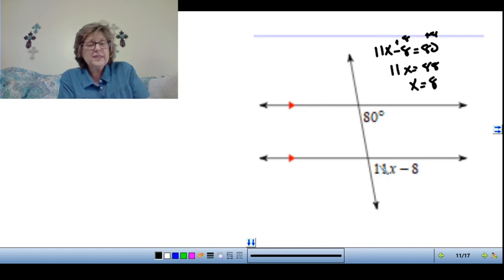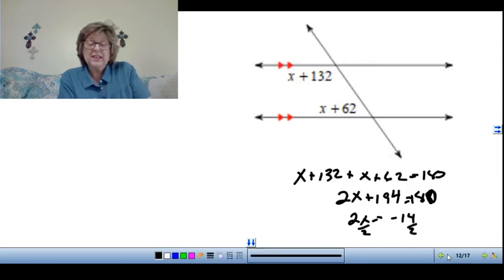Well, a number less than 90 plus a number less than 90 can never add up to 180. So I'll never add those up and make them equal to 180. So sometimes you can look at the angles and get an idea of how to set them up. I'm not going to say they always work that way, but a lot of times, if you're not sure, that is a very fast little check.